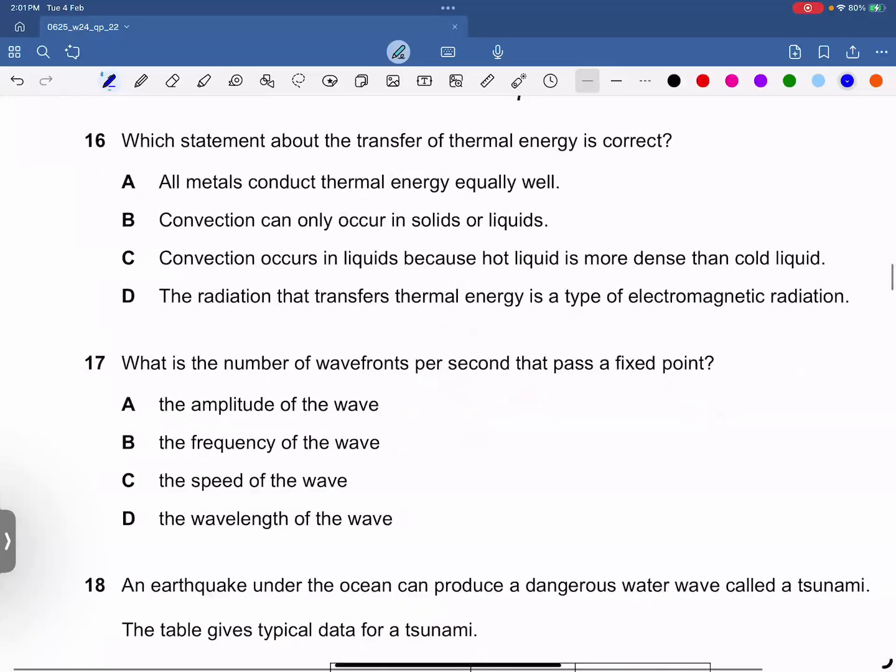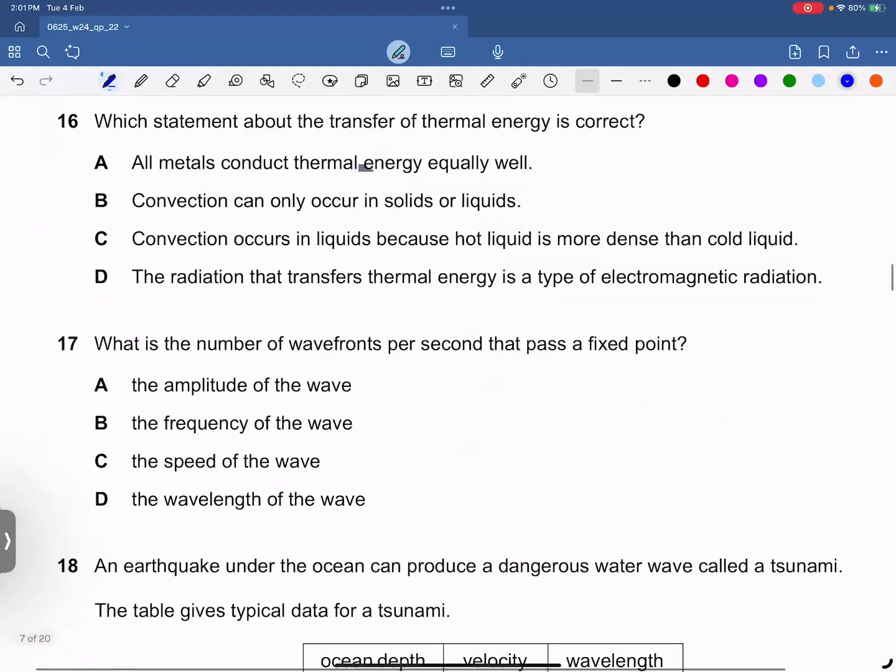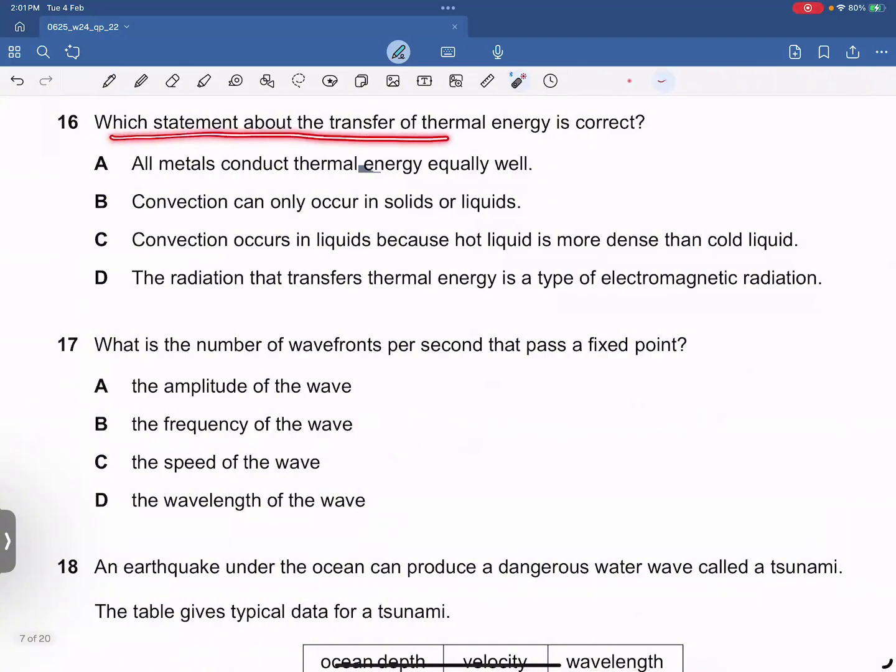Which statement about the transfer of thermal energy is correct? Let's read and shortlist. All metals conduct thermal energy equally well? No. Some conduct more and some conduct less; they are good, but some are better than others. Convection can only occur in solids or liquids?